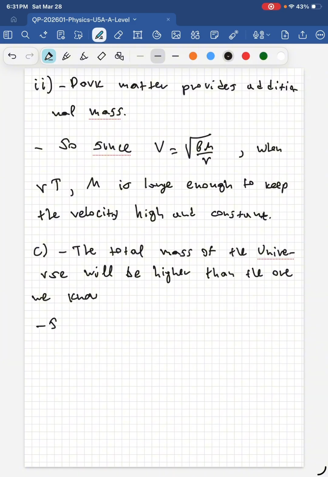Okay, so since rho, the density, is M over V, the rho of the universe will be higher.